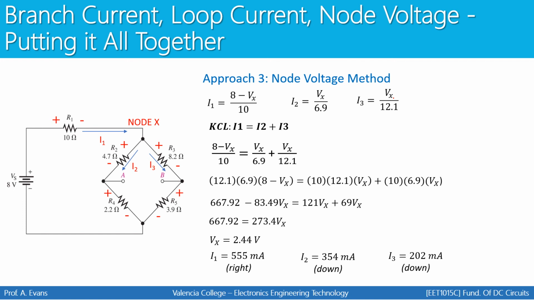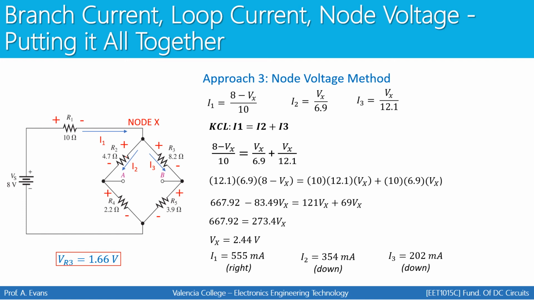Now that I have all 3 branch currents, notice I put the direction for each just confirming that the initial assumption for what was chosen is correct because all our answers came out to be positive. Now I can take those branch currents and I can find any voltage I want within the circuit. In this case, the goal was to find VR3. Once again, you'll see that VR3 comes out to be the same value.